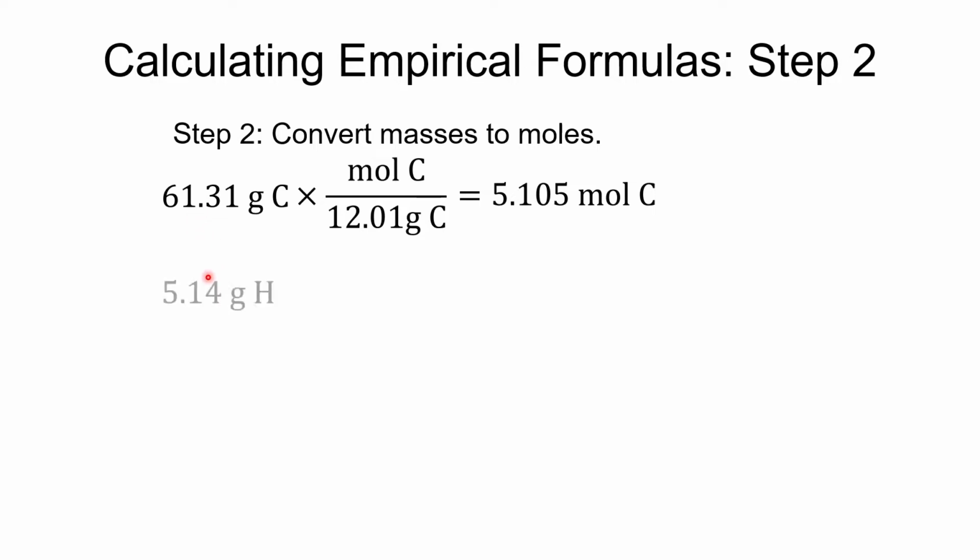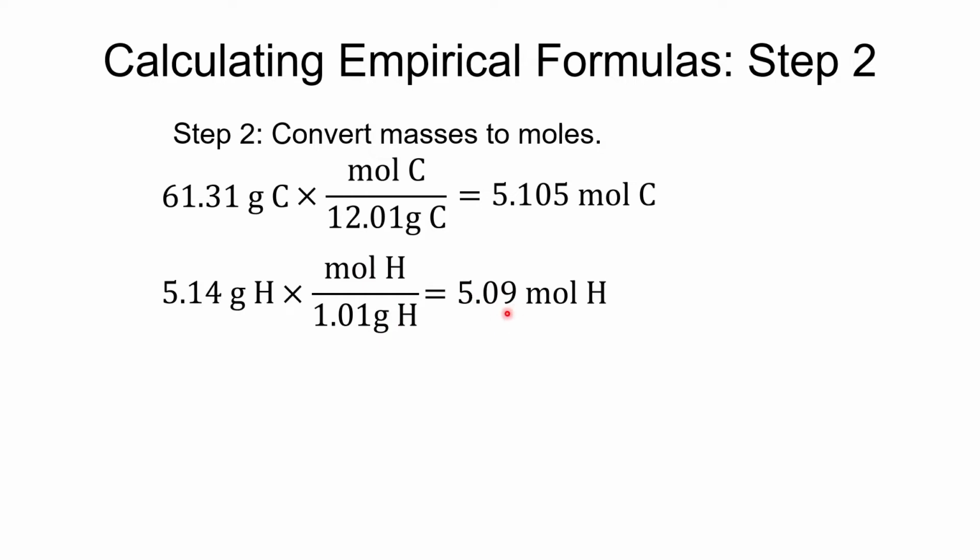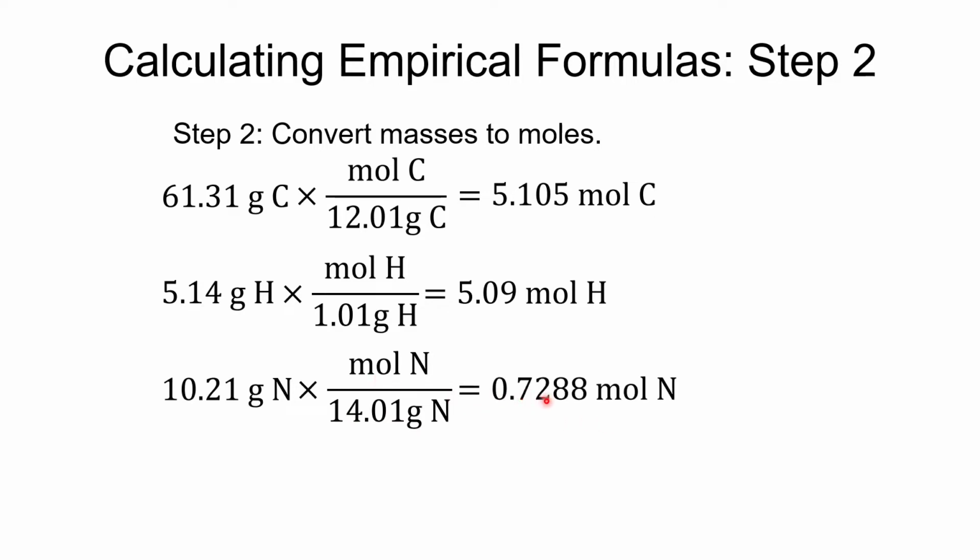Notice that I kept the same number of significant figures that we had in our original percentage and in our mass. For hydrogen, 5.14 grams of hydrogen, divide by 1.01 grams of hydrogen per mole of hydrogen, and that gives us 5.09 moles of hydrogen. For nitrogen, 10.21 grams of nitrogen, we'll divide by the molar mass, which is 14.01 grams of nitrogen per mole of nitrogen, and that gives us 0.7288 moles of nitrogen.